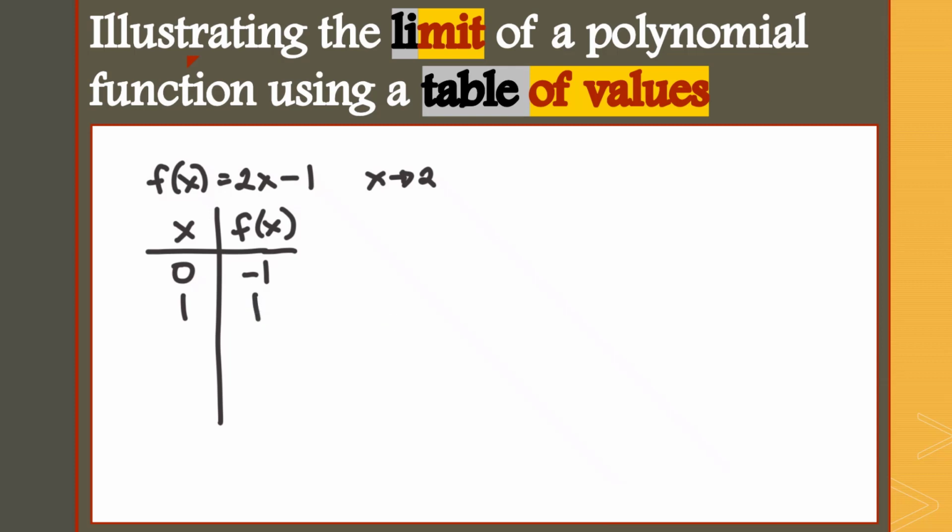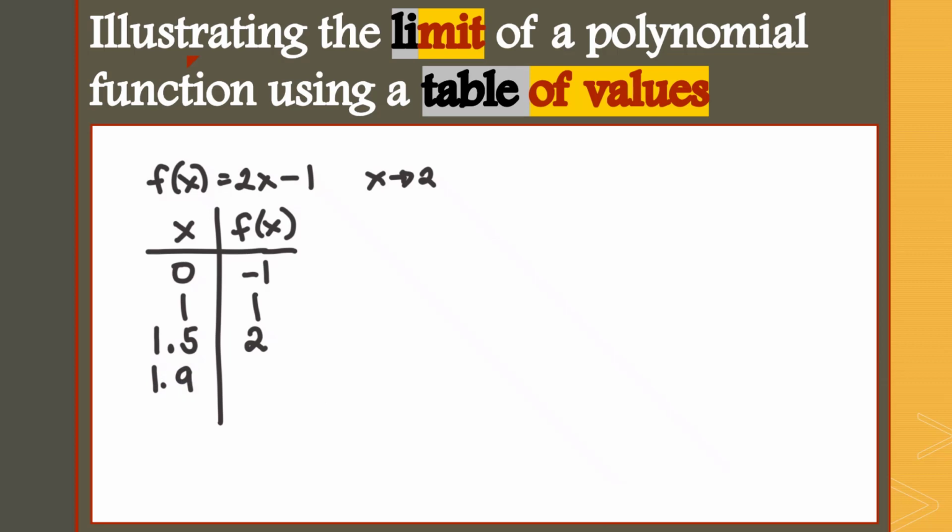Now, of course, we're also going to consider other values aside from integers. So let's try 1.5. 2 times 1.5 is 3, minus 1, you will have 2. What if we use 1.9?